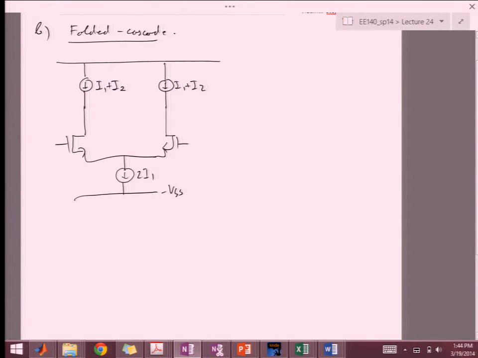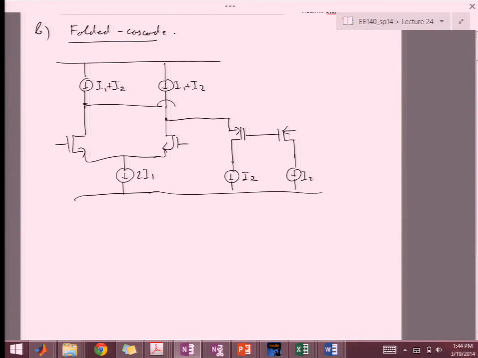So we have the inputs, and then we're stealing part of the current. The P cascode, and then loaded by I2. I'm going to take this, and then this is V bias.